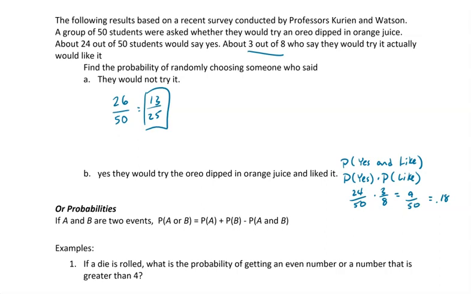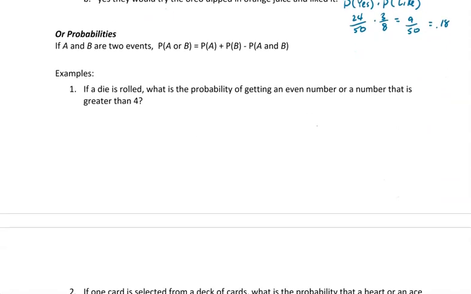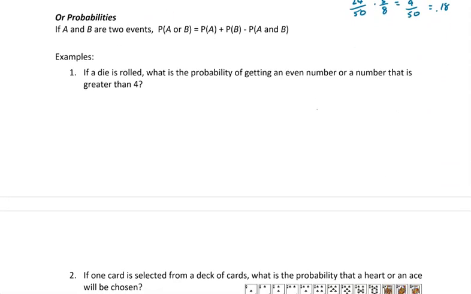All right, so that's and. Now let's look at or. If A and B are two events, the probability that A or B happens is the probability of A plus the probability of B minus the probability of A and B. Okay, now that's kind of confusing, so here's the way I like to put it.